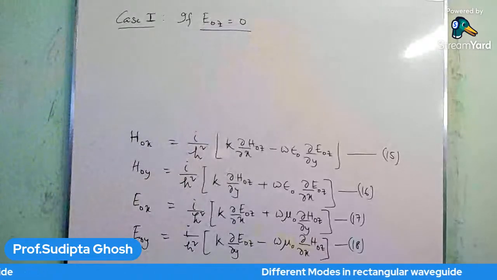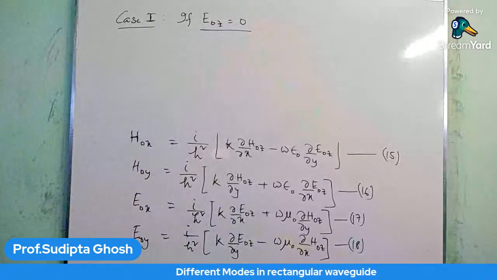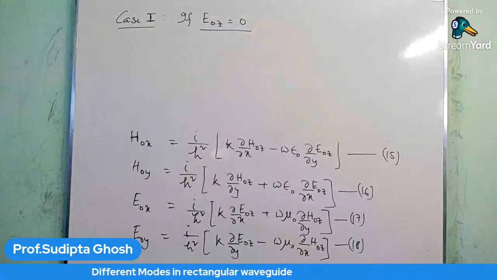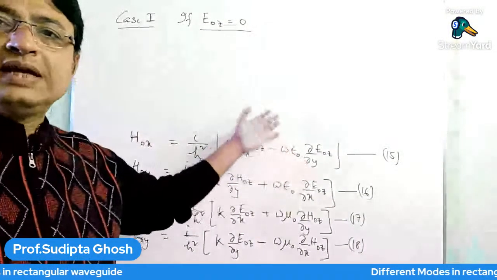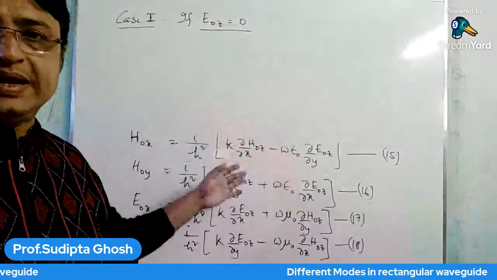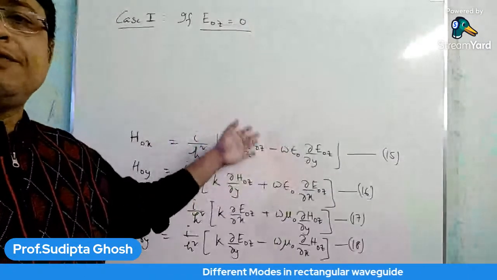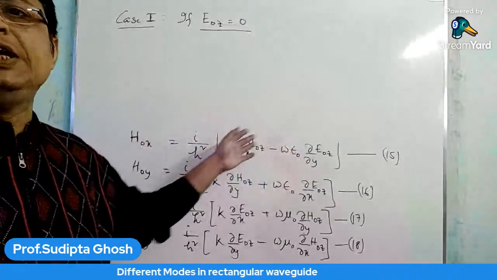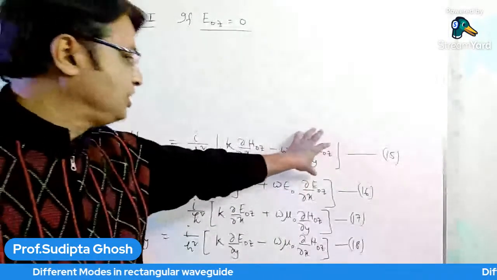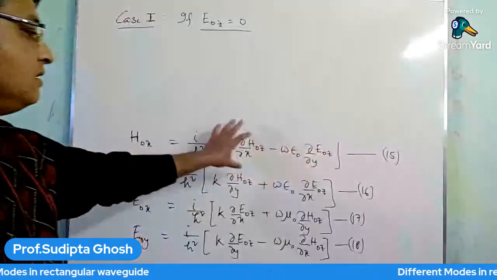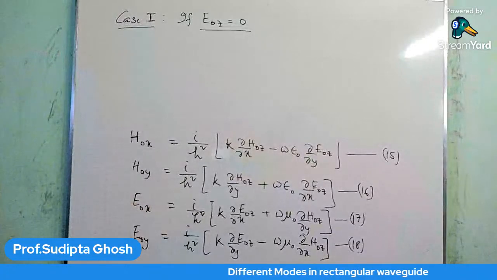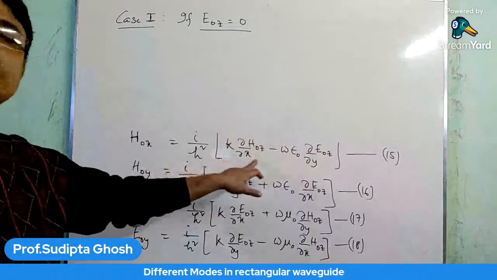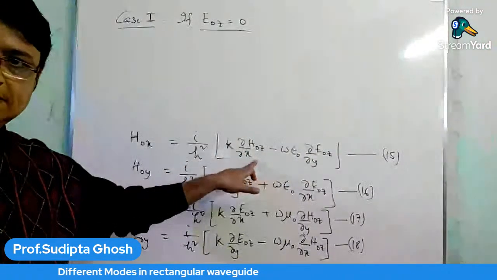If EOZ equals 0, then for the entire field, since only two components are present, one for the electric field and the other for the magnetic field, the field is only determined by the component HOZ.